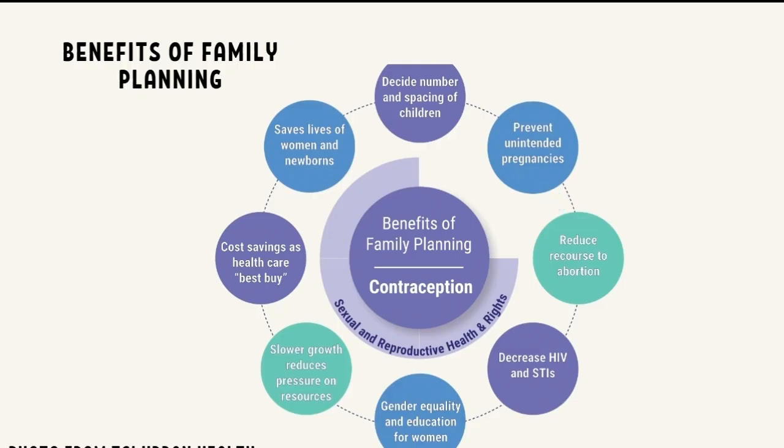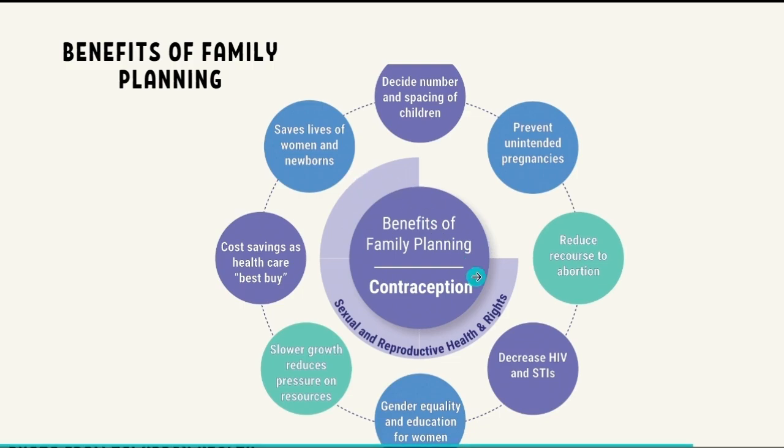These are both connected, because with an unintended pregnancy, they say, I don't want a child, I will get an abortion. So if you do family planning, you won't get pregnant if you know you don't want a child. So it reduces the opportunity to go get an abortion, and getting an abortion can have risks to it.